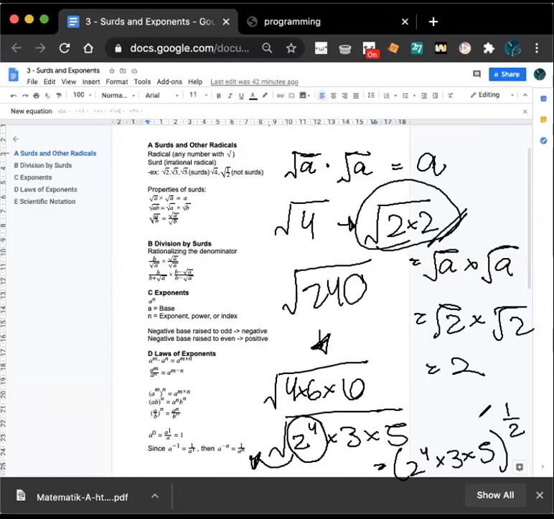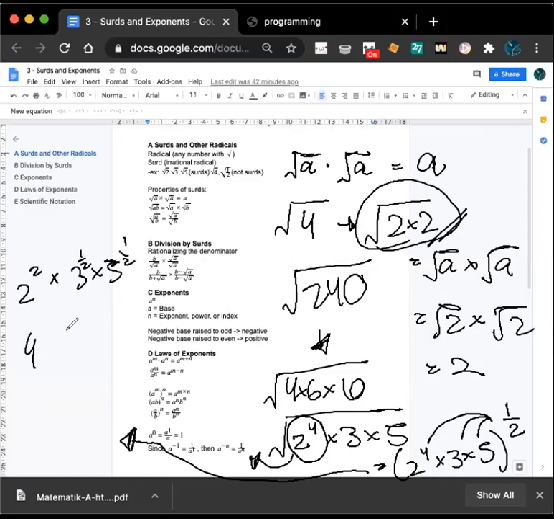And if we follow the rules of exponents, you can break this out and turn this into 2 to the power of 2 times 3 times 5, and they each have a power of half.